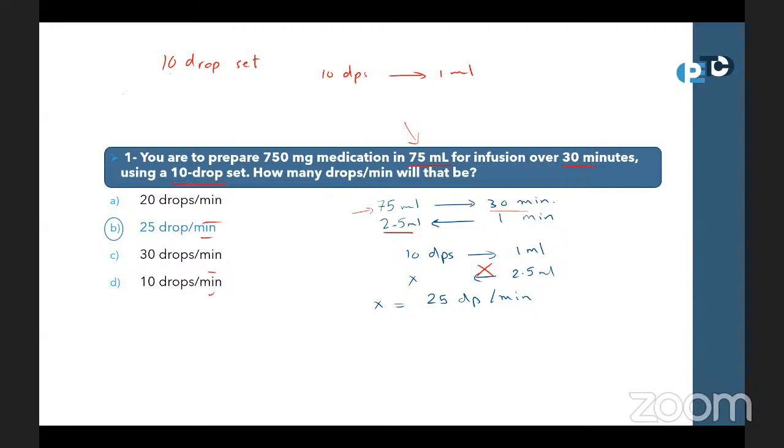It is 2.5 milliliters per minute. From how many drops can we obtain this 2.5 milliliters? Every 10 drops gives us 1 milliliter, so the 2.5 milliliters can be obtained from 25 drops. So every 1 minute, you should give 25 drops. Okay, is it clear?